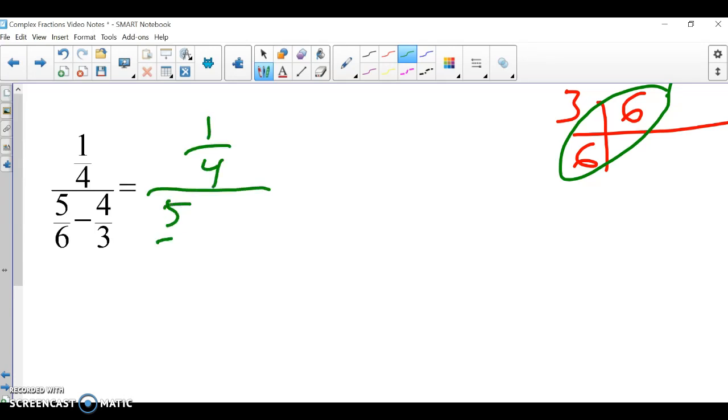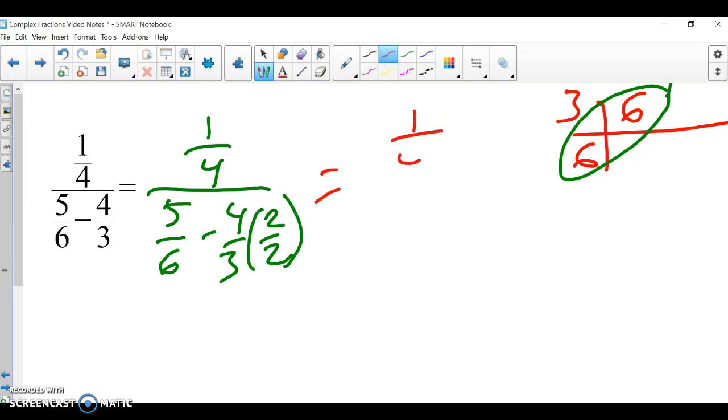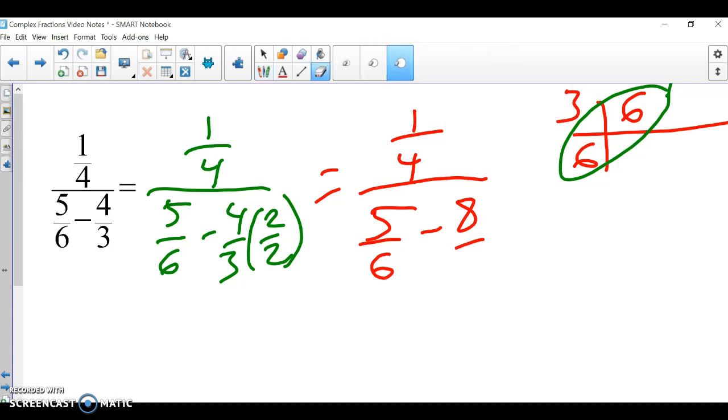My bottom fraction, I can multiply by 2 over 2 to make it into 1/4 times 5/6 minus 8/6. Ooh, that doesn't look like 6. Let me erase that. 6.